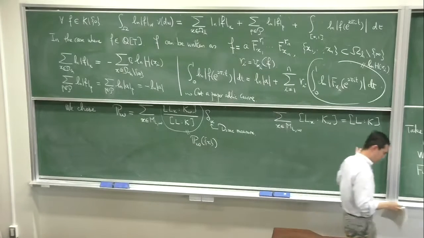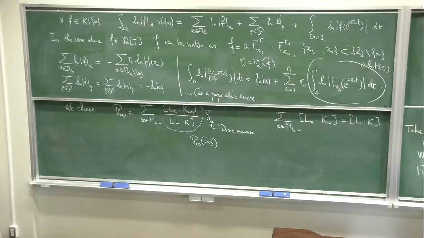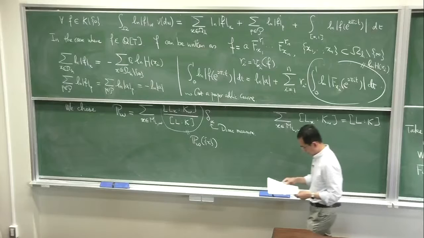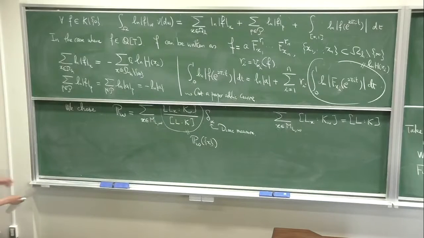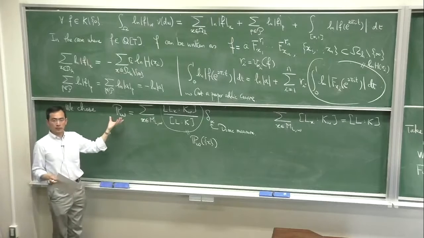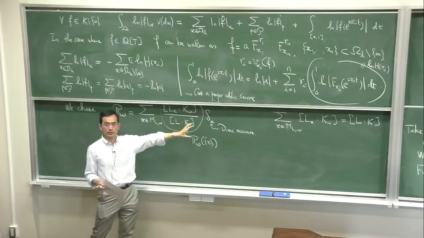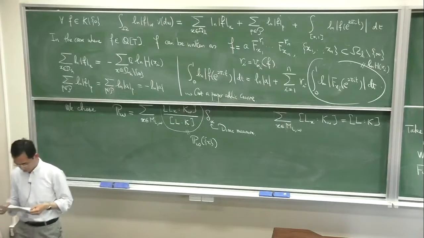I will not explain the proof, but you can find it easily in any classical literature on algebraic number theory. So this is a probability measure because the total mass is 1.